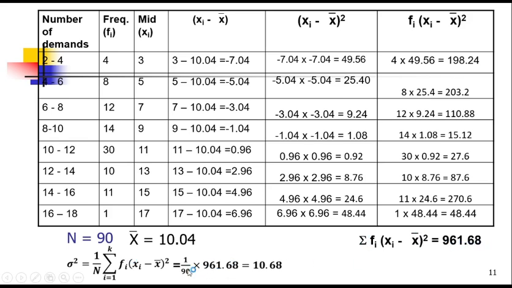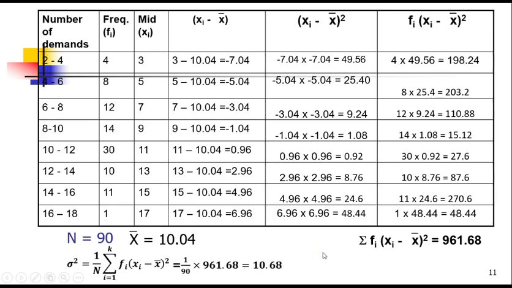So this is 961.68 by 90. When you get it cancelled, then you get 10.68. So this is the value of sigma square. So sigma square equals 10.68, and this is the variance also.